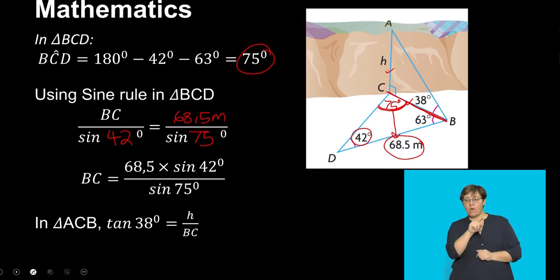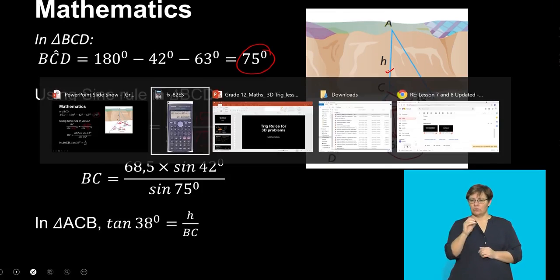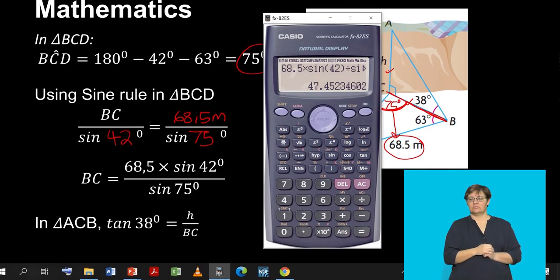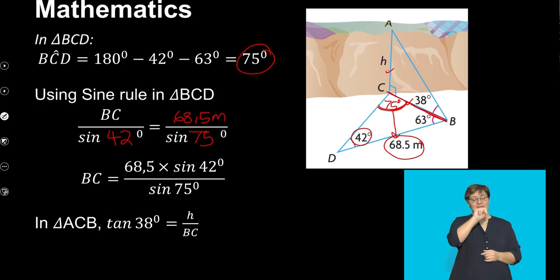Sorry, I haven't written the answer. Let me call up my calculator again. We're going to keep that in our calculator, 47.54523, because remember we're still continuing with the sum. So instead of rounding off, we will continue with all the decimals on our calculator.